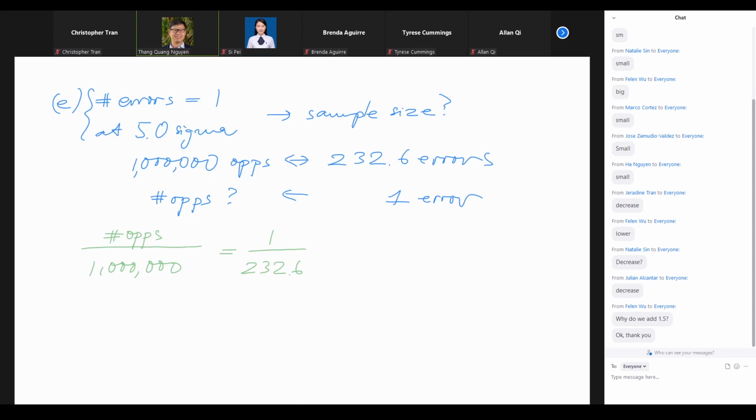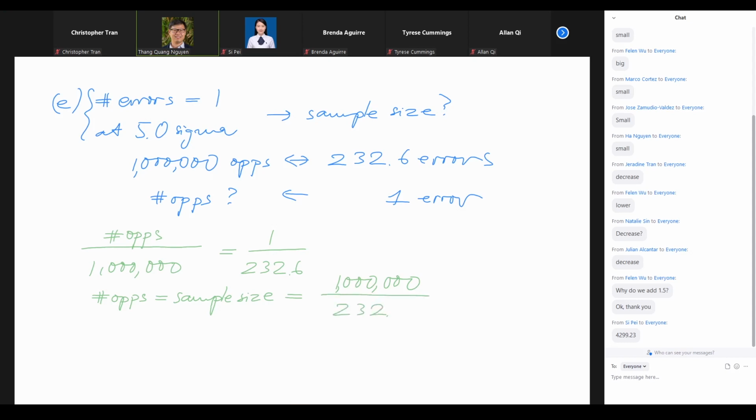So the sample size should be 1 million, you just cross multiply it like before, divided by 232.6. Then you would have a decimal number, but we can round it to, roughly speaking, 4,300, right?